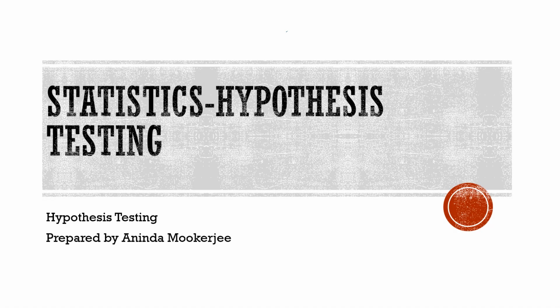Now in this lecture, we are going to go over finding type 2 error probabilities, which are denoted by the Greek letter beta. All right. So type 2 error probabilities is the topic of this lecture.